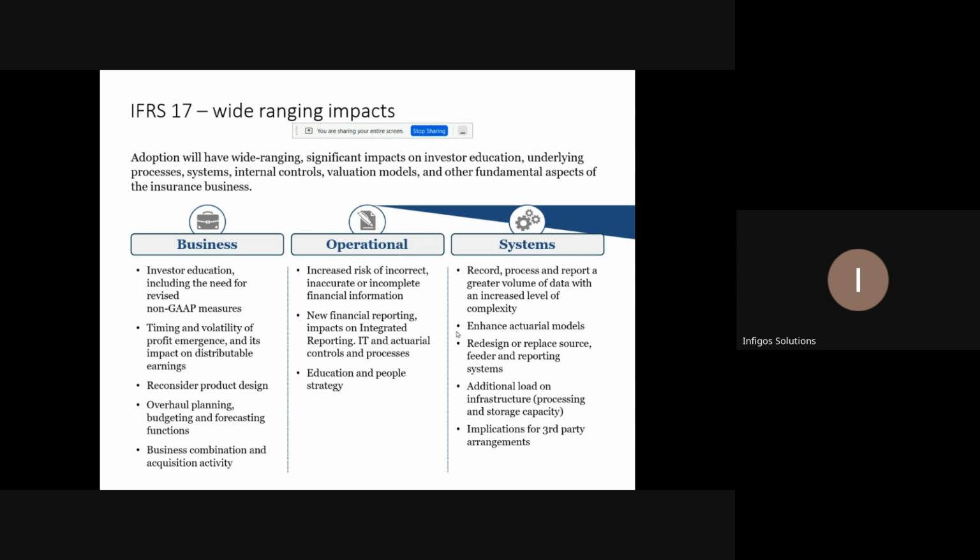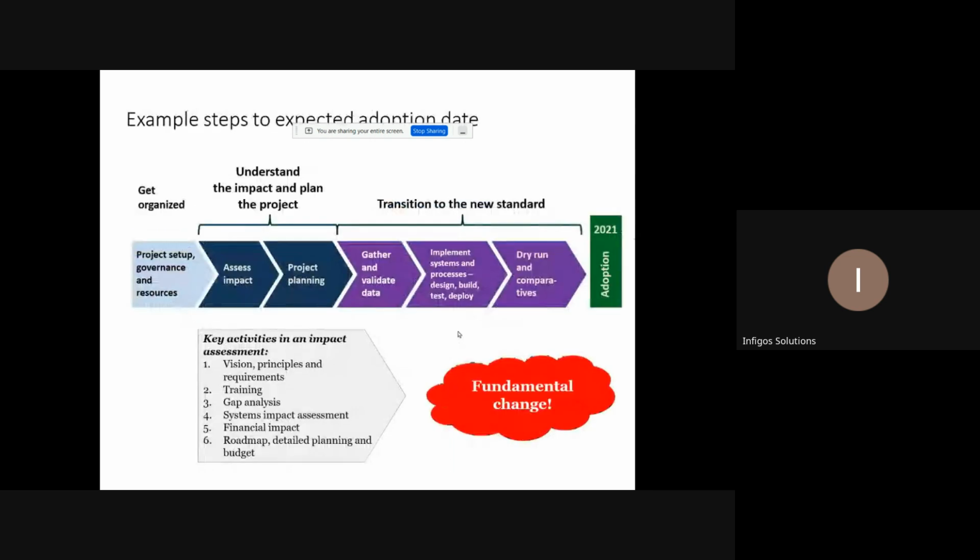The system has to be changed because currently there is a requirement that you should have software for IFRS 17, which costs millions. That's the kind of system requirement that has come up with IFRS 17. So these are the steps you need to follow to get it organized.